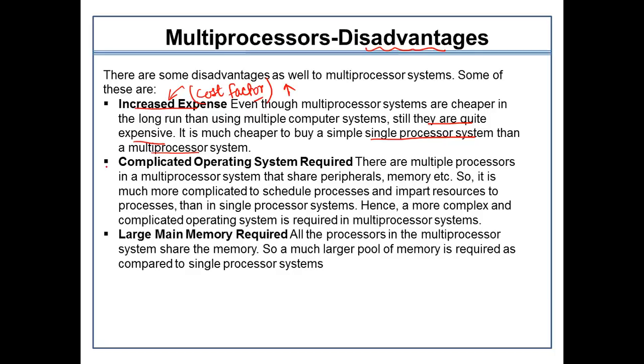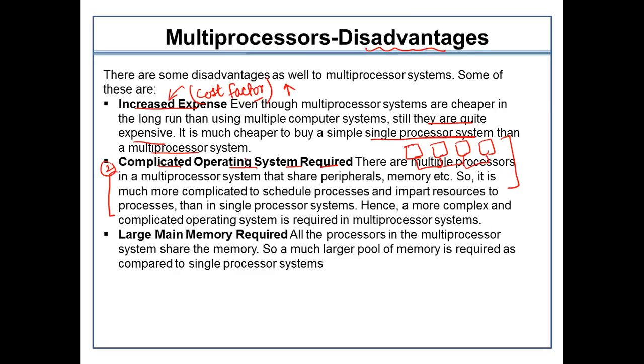Then the second thing is that complicated operating systems are required. Definitely, when you want to work on a machine which has the ability to work with different processors, the computing power and the complexity of the machine will also increase.